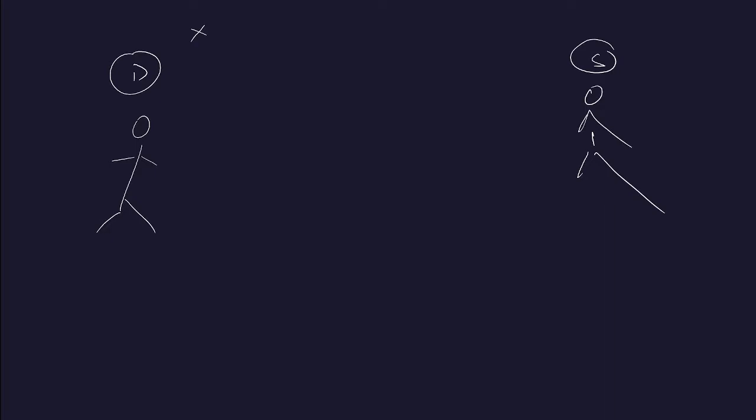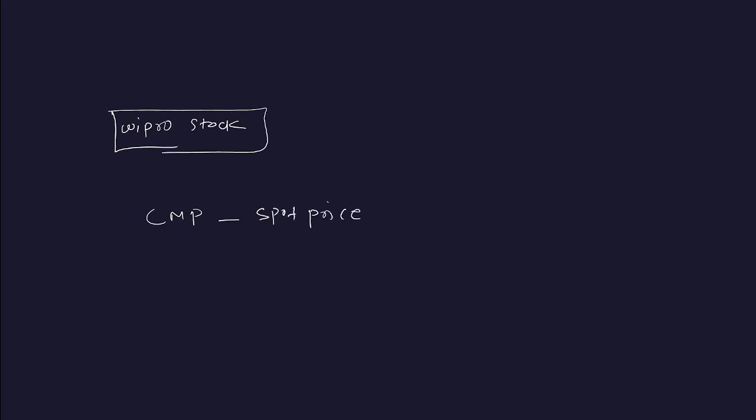Let's take the example of Wipro stock. Current market price, it means spot price. Sometimes you would expect a question on what is the difference between current market price and spot price, which is the same.